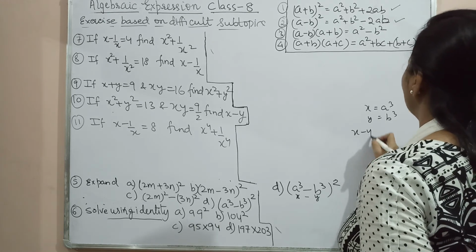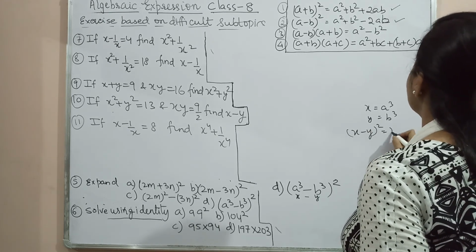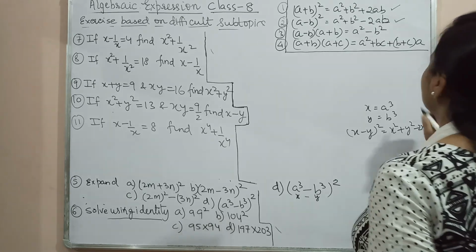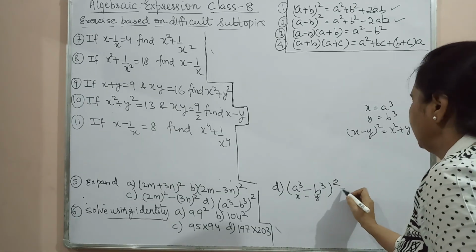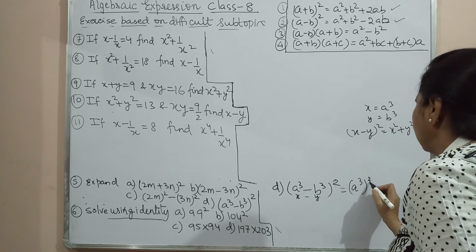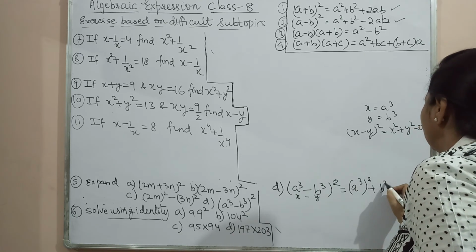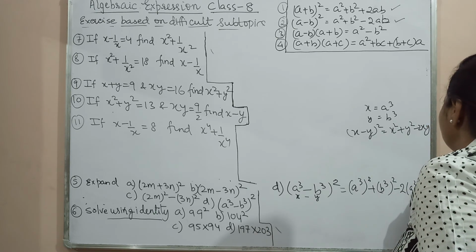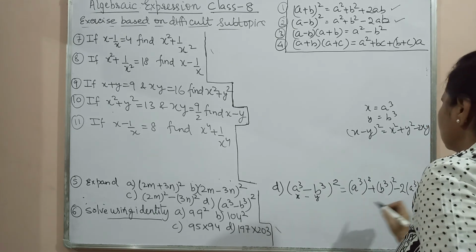And what will the square of x minus y be? It is x square plus y square minus 2xy. So x square means the square of a cube, the second is the square of b cube, minus 2 into a cube into b cube. So solve it.